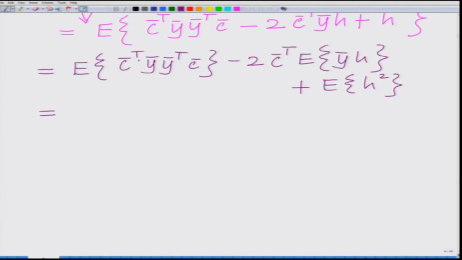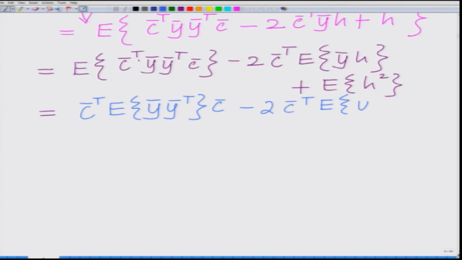Now, we can further take this expectation operator inside: C bar transpose expected value of y bar y bar transpose C bar minus twice C bar transpose expected value of y bar h plus expected value of h square.